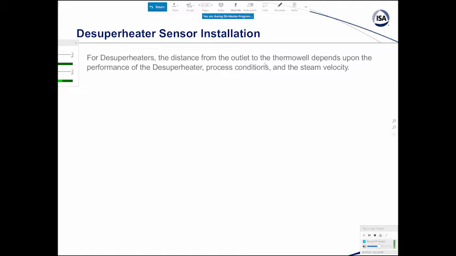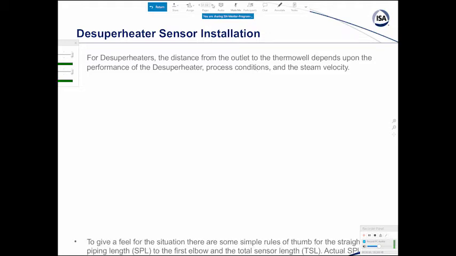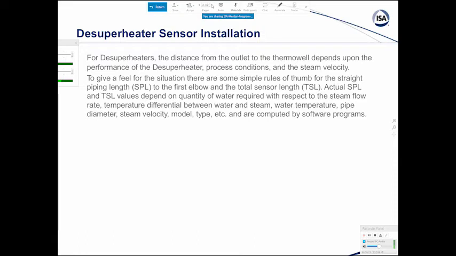For desuperheaters, the distance from the outlet to the thermowell depends upon the performance of the desuperheater, process conditions, and the stream velocity. To give you a feel for the situation, there are some simple rules of thumb for the straight piping length, SPL, from the outlet of the superheater to the first elbow, and then the total sensor length, TSL.